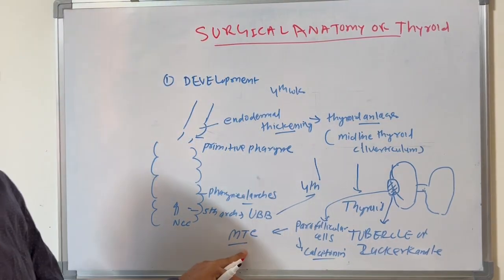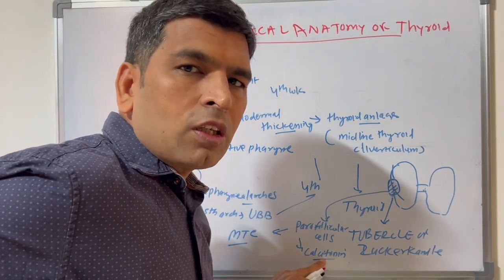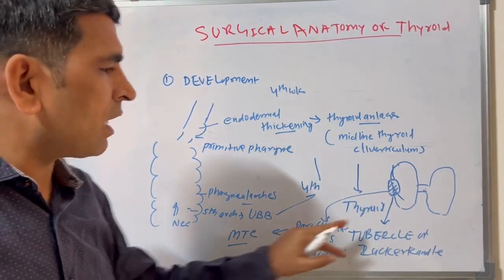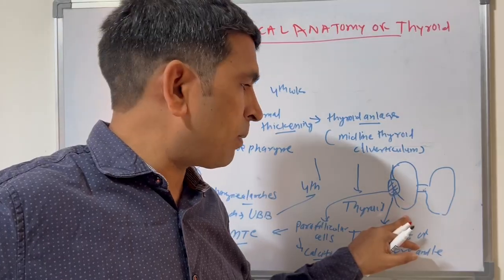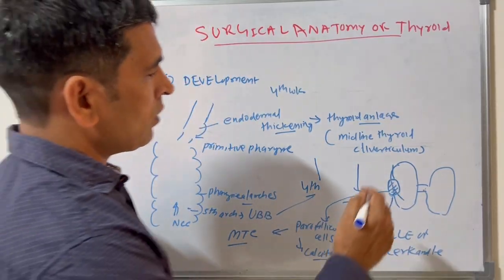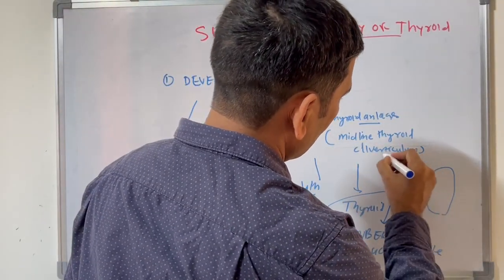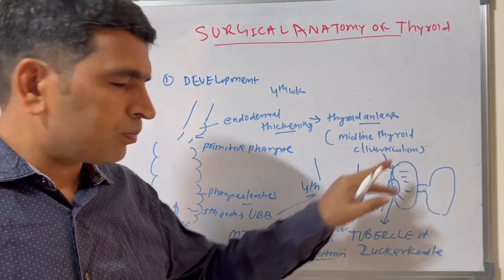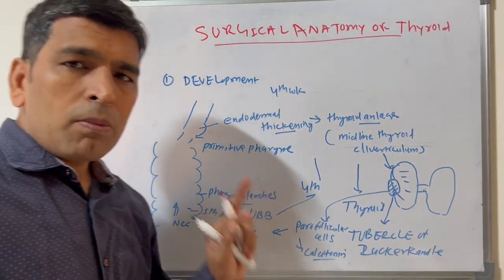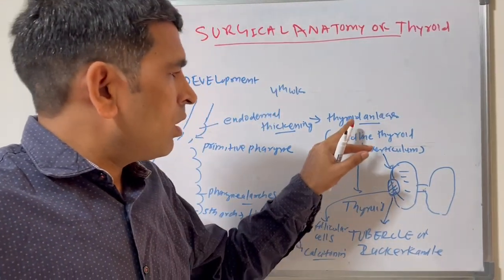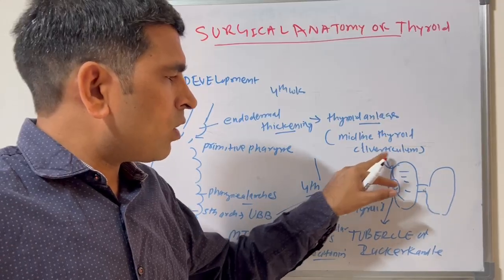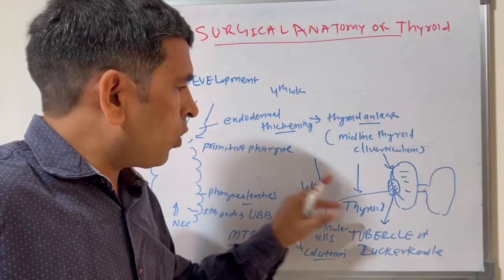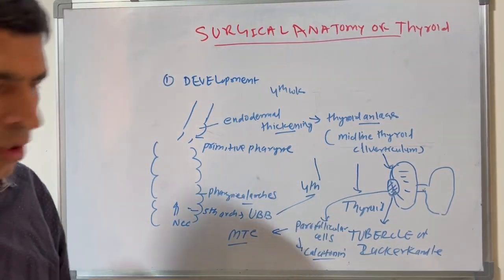So in medullary thyroid cancer, you measure the calcitonin level because the origin is from parafollicular cells. The rest of the thyroid cancers like papillary, follicular, anaplastic come from the follicular cells, and these follicular cells come from the midline thyroid diverticulum. So the development of the thyroid comes from the thyroid anlage or midline thyroid diverticulum and the ultimobranchial bodies. So this is the thyroid development.